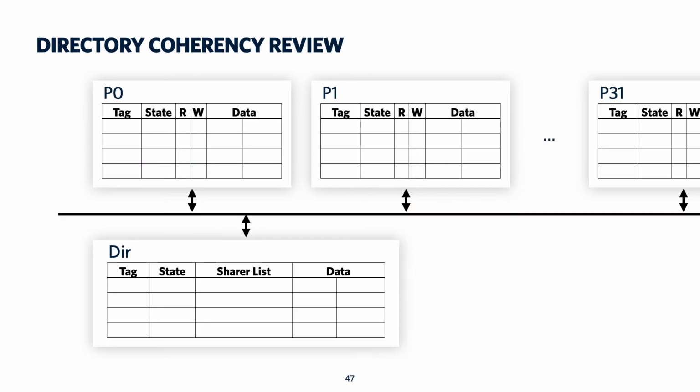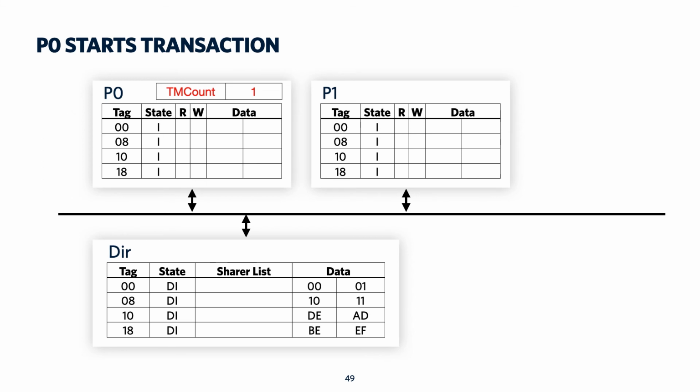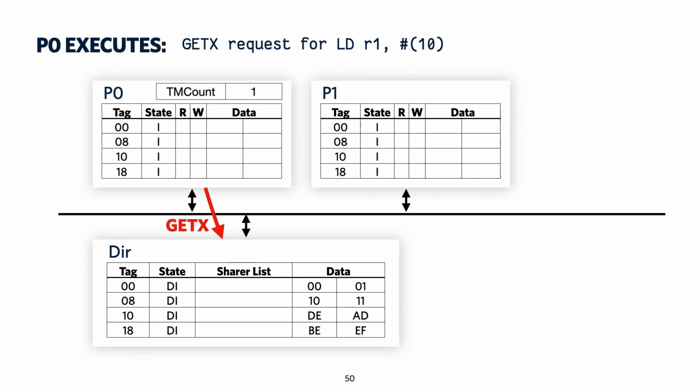So just a review of the directory coherency. Essentially, we have these processors that communicate with the directory, which has a share list and also the state. So let's jump into an example based on the steps that we talked about. Let's say P0 starts a transaction, TM count is now 1, and it calls a GETX request to load address 10 into R1.